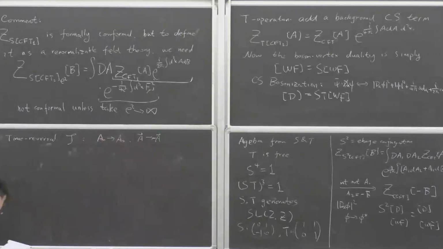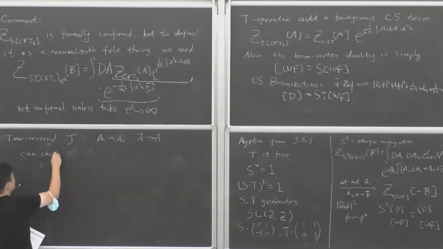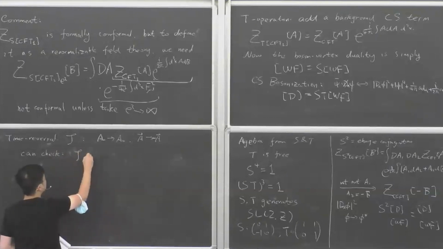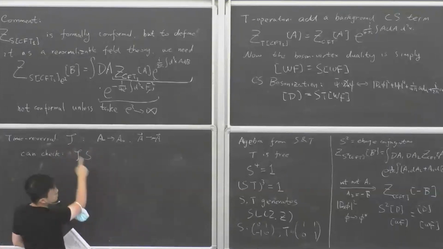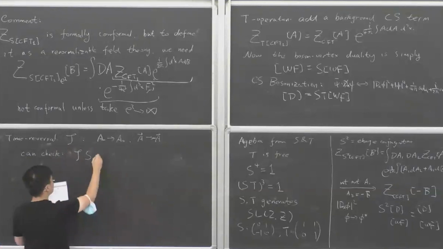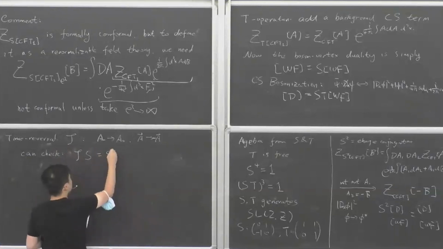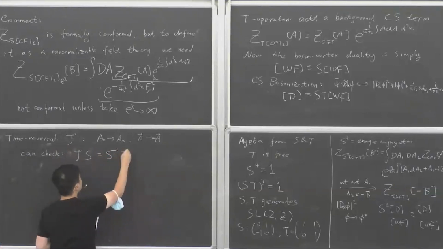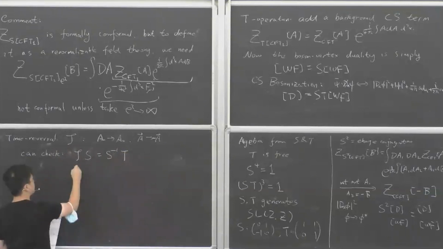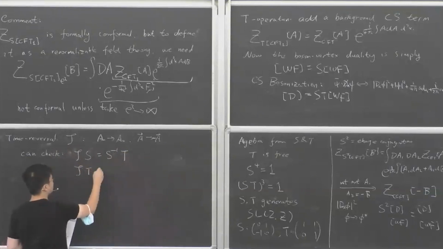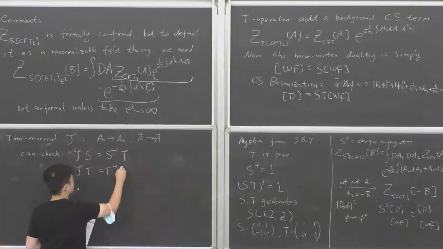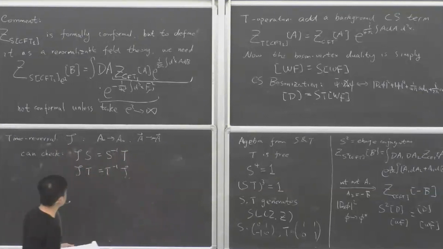If you have that, you can check that the algebra between time reversal and the S and T is such that whenever you commute time reversal with any of the elements here, you get an inverse. It's something you can just check.